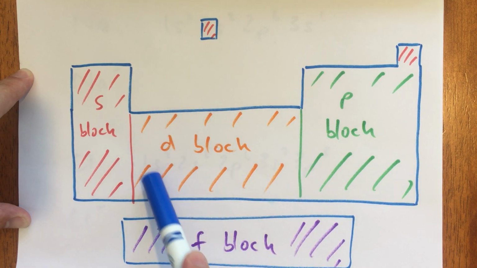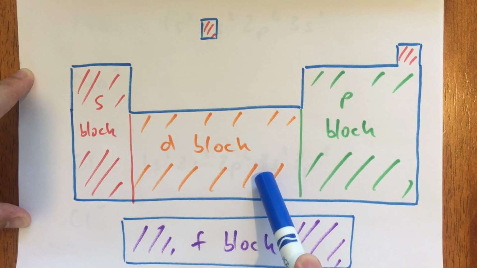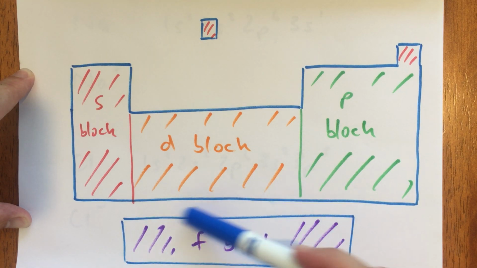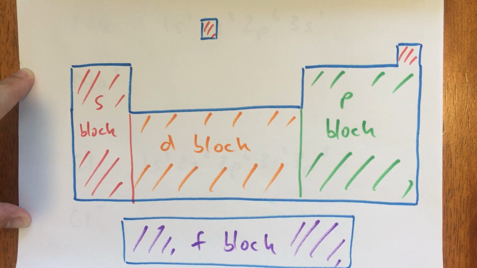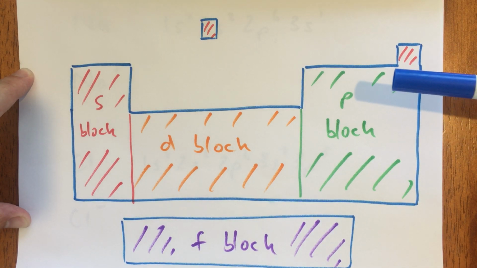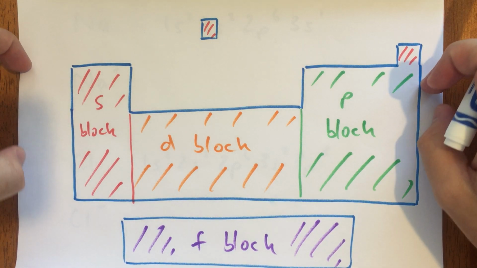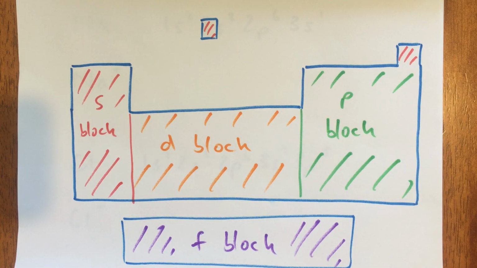All of the elements in this block here have their valence electron in a D subshell. And those ones way down the bottom that we hardly ever use, they have their valence electrons in the F block. So just by knowing the position of the element on the periodic table can be very helpful for determining what subshell its valence electron is in.